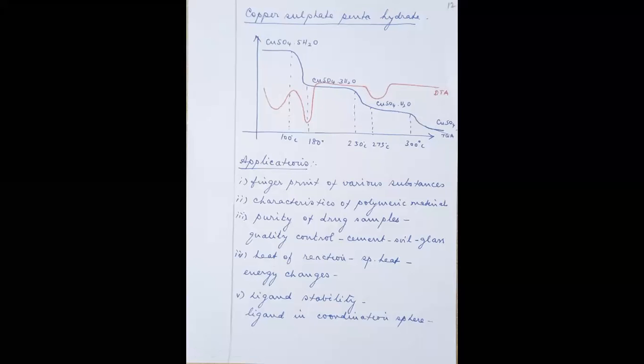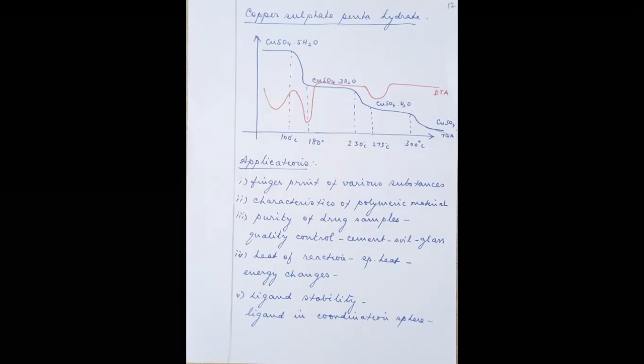So this is the combined TGA DTA curve for copper sulphate pentahydrate. Now, the applications of the DTA: it has fingerprints for various substances because no two substances will have the same DTA curve. So it can be used for qualitative and quantitative analysis.